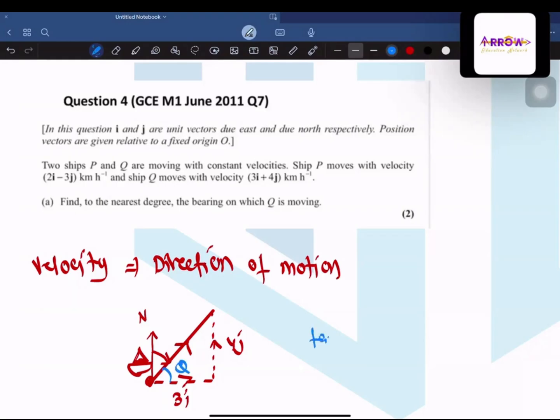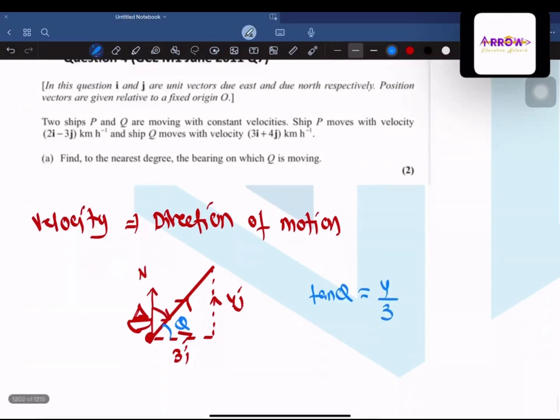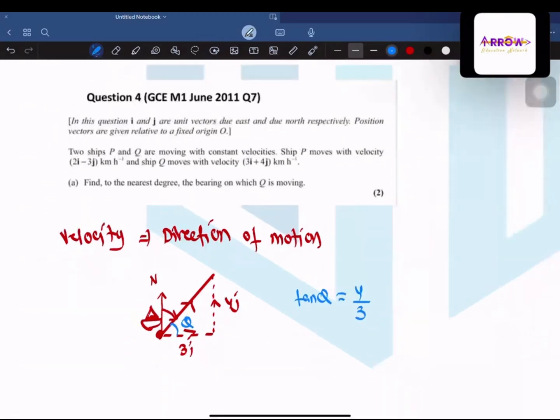So tan theta is equal to opposite over adjacent, meaning 4 over 3. Now, in order to find the bearing, I need to subtract this angle theta from 90 degrees. So the required bearing is 90 minus tan inverse 4 over 3.